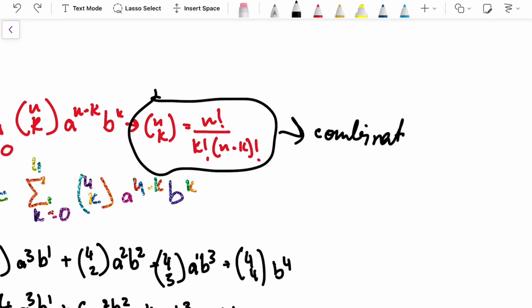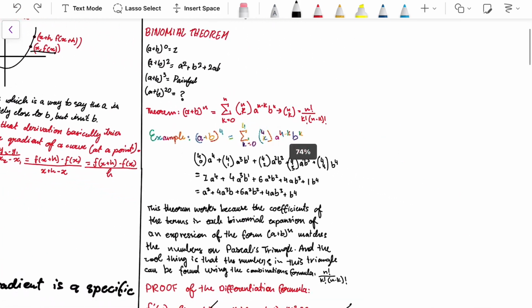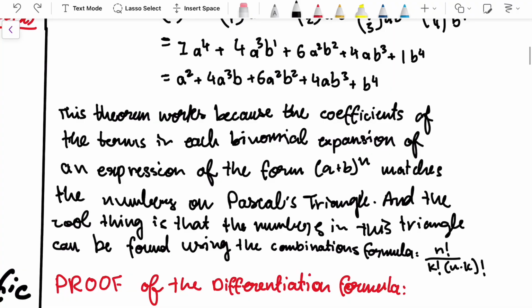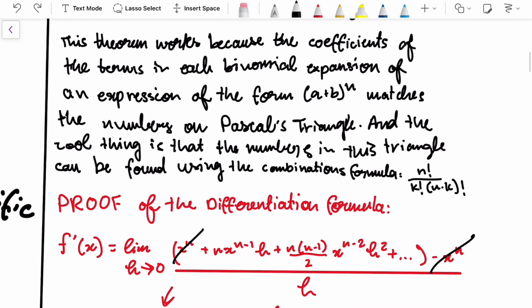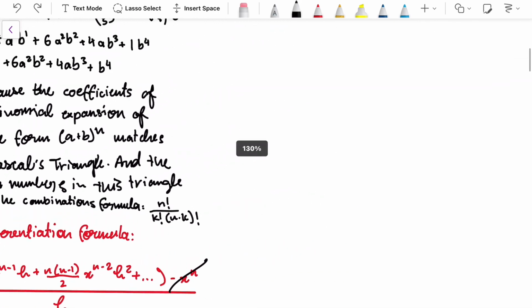Why it presents itself in the binomial theorem is because the coefficients of the terms in each binomial expansion of (a plus b) to the power of n match the numbers on Pascal's triangle. And the cool thing is that these numbers can be formed using the combinations formula.